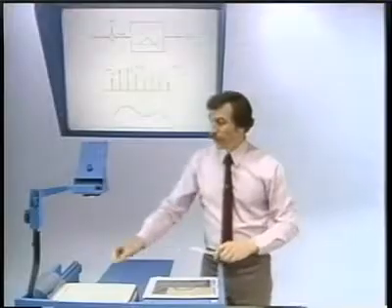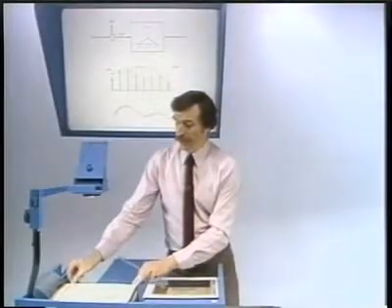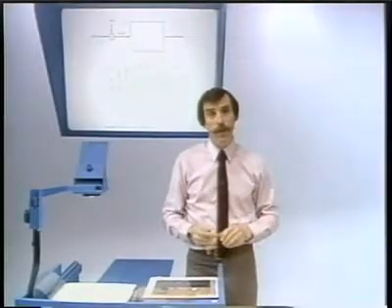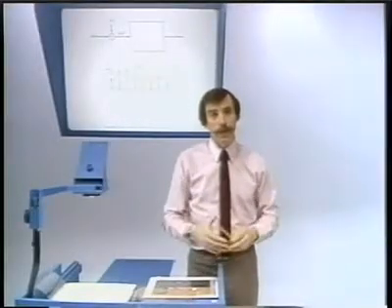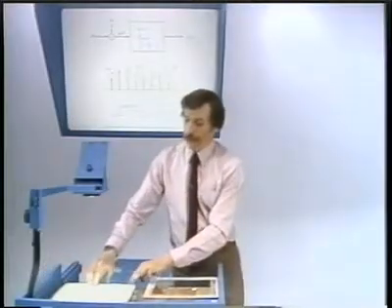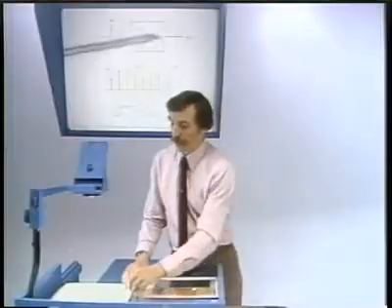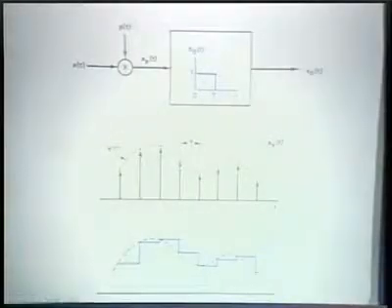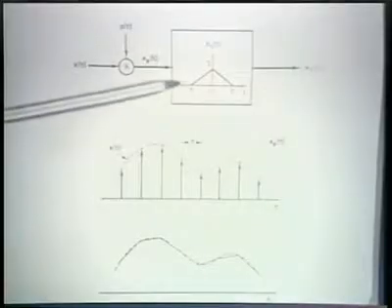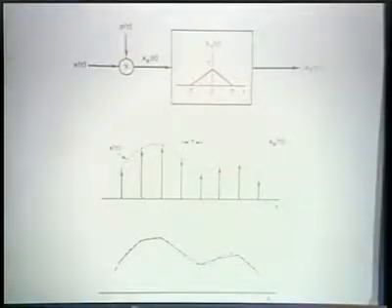Okay, so what we have then is several other kinds of interpolation which fit within the same context as exact band-limited interpolation, one being interpolation in the time domain with an impulse response which is a rectangle, the second being interpolation in the time domain with an impulse response which is a triangle.